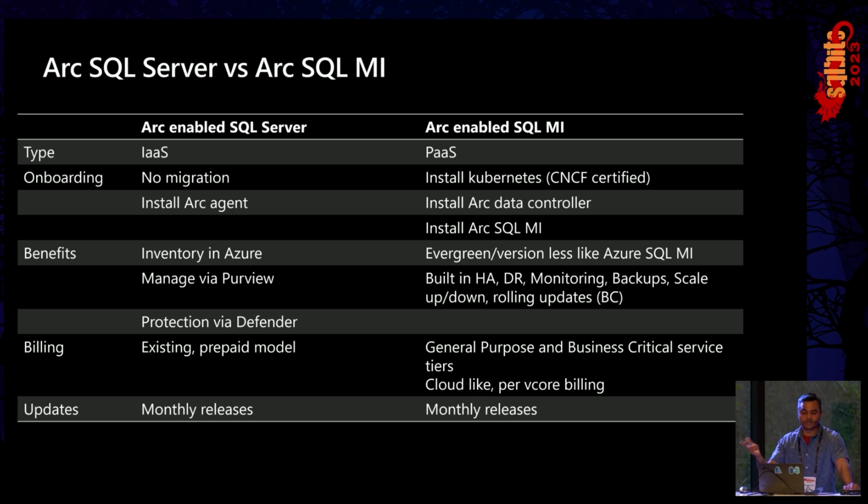We have two engines today: the SQL engine and the Postgres engine. With SQL, we have all these built-in capabilities, HADR. With Postgres, I think today we only have automatic backups. Postgres is still in preview, by the way. So one of the first things we have is the built-in backups. The other things like HADR, we will add over time. But the idea is they will be on par, all the built-in management capabilities.